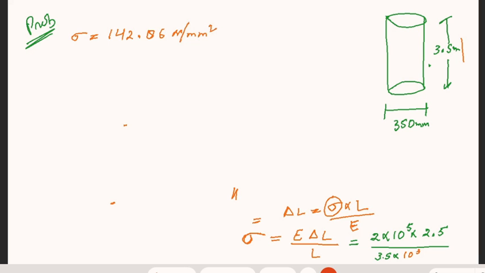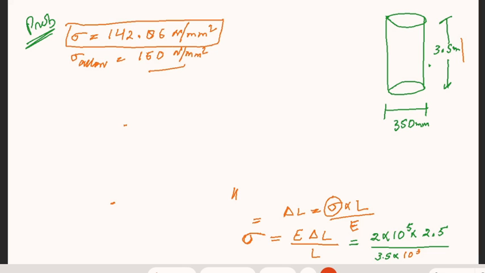And how much are allowable? Sigma allowable is 150 Newton per mm square. The stresses coming on this circular column are only 142, and allowable are 150. That means we are on the safer side.